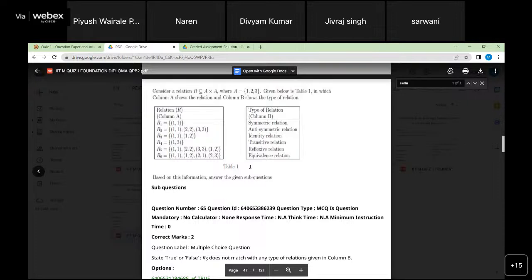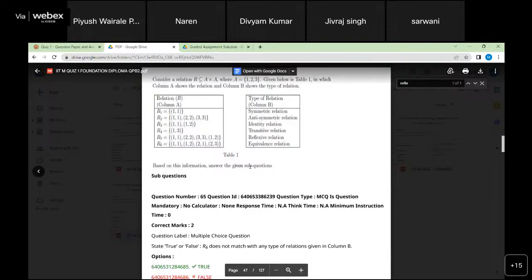Is it so, sir? Yeah, so the transitive of this 1, 2, 3 will be like, yeah, so you can see 2, 1. Yeah, it is not satisfied, right? So this contains 1, 3. Sir, R3 is transitive or not, sir? R3 is 1, 1 and 1, 2. These are transitive, right?